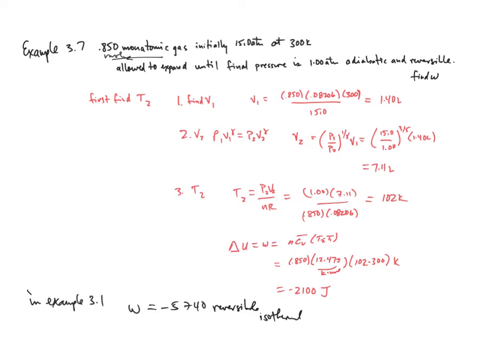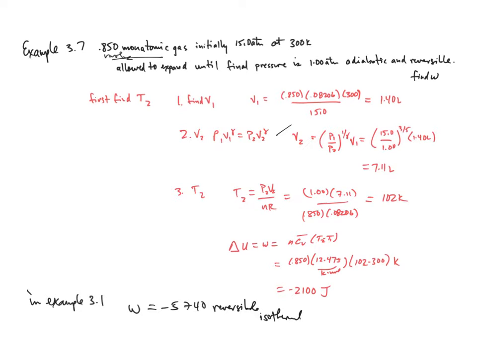The first thing we need to do, if you remember from the previous slide, we're going to use this variation on Boyle's law. We need to find out the volume of the beginning case and the end. So you plug in PV equals nRT, use the ideal gas law to get the volume of 1.40 liters. Because we're told it's a monatomic gas, the gamma term is 5/3, and we could solve for the final volume.